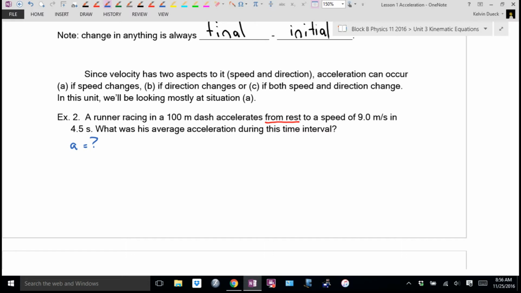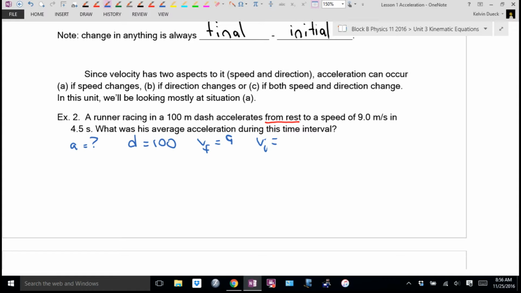What's that 100? What's that 9? Which velocity? Do I know that? Loud and proud, someone said it, they're right.